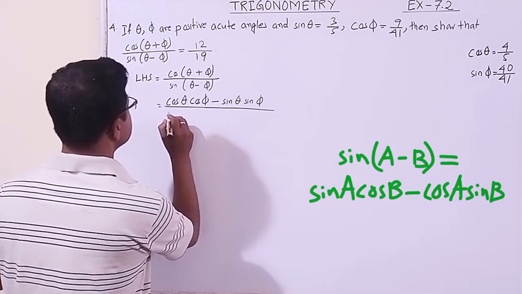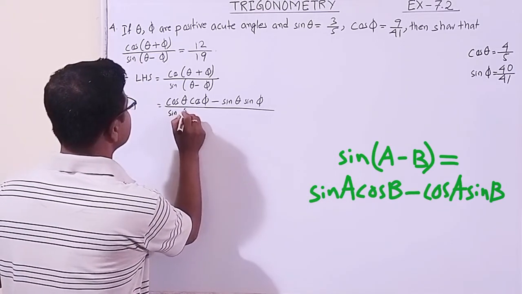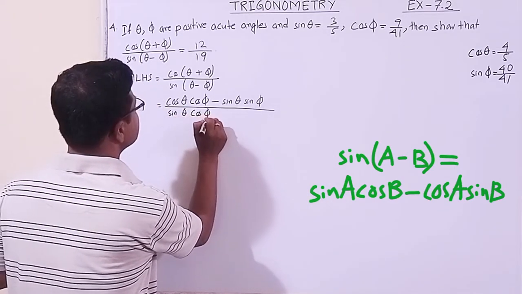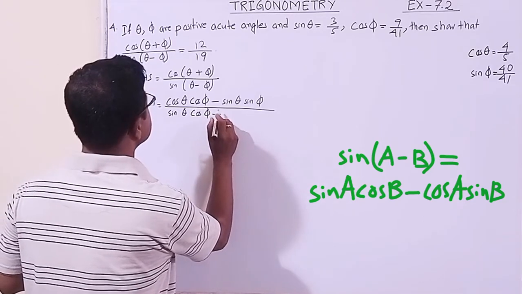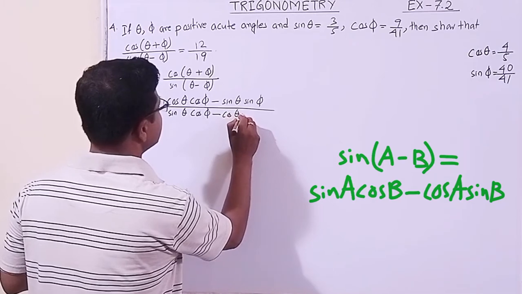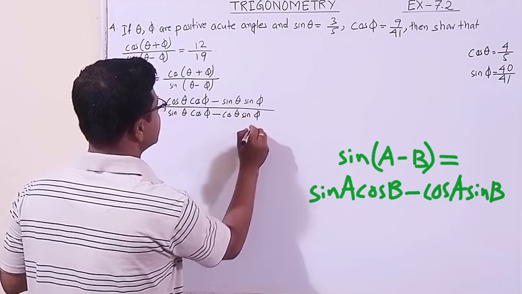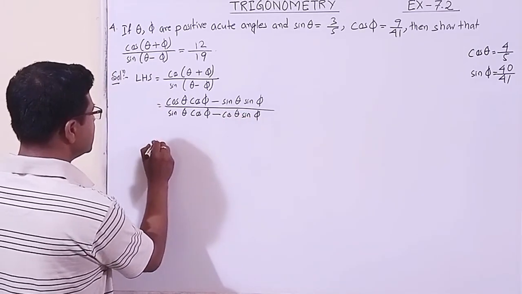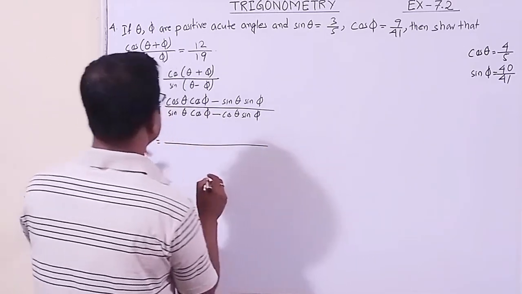What is the formula for sin of a minus b? Sin a cos b minus cos a sin b. Let us write this and put the values.